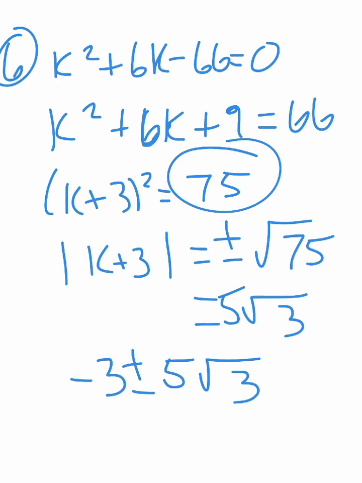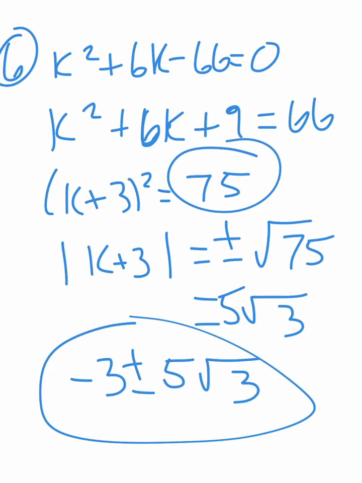Once you do that, you take the square root of both sides, and you'll have plus or minus square root of 75, and also the absolute value of k plus 3. Once you do that, you can simplify your square root of 75, which is 5 square root of 3. And once you've subtracted your 3 from both sides, you'll have negative 3 plus or minus 5 square root of 3.